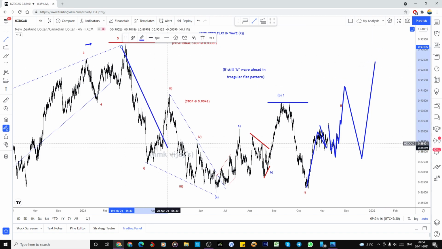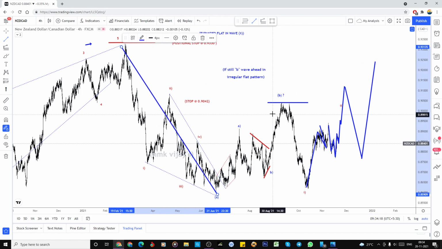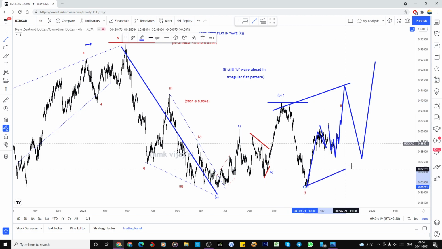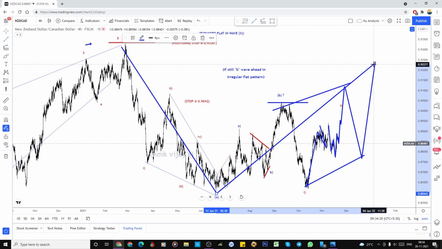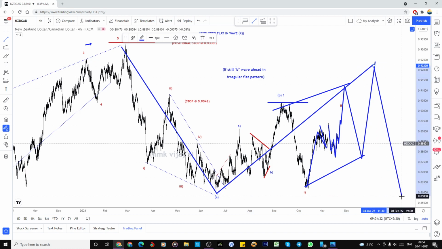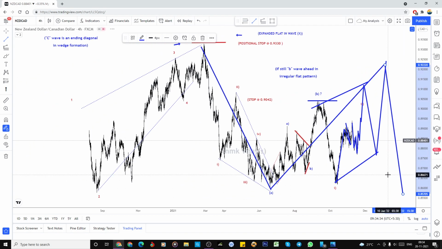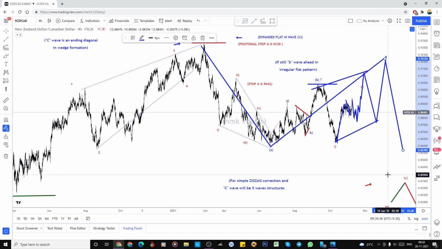So then this will become the A. So the whole thing becomes a B here. So ABC is an A, ABC is a B, or it could be a C or ABC, and it could be WXY, and the whole thing becomes a B and one more C. But the trend is in downtrend as a positional. Mind that this is a positional. I'm looking for this kind of wave formation.